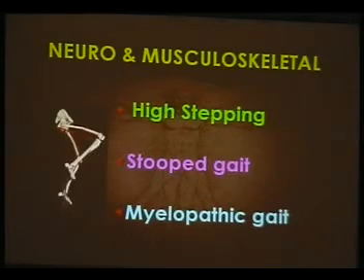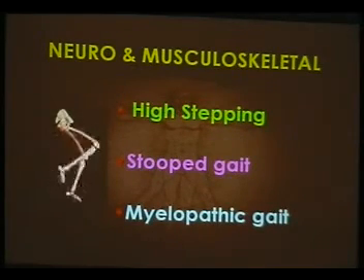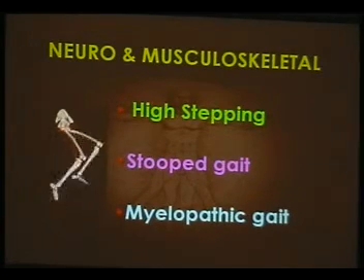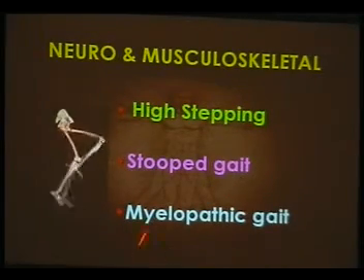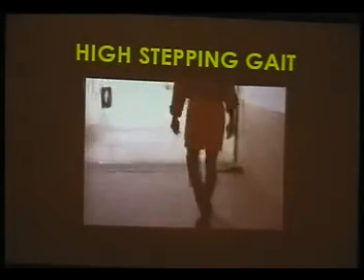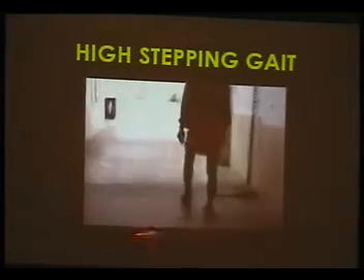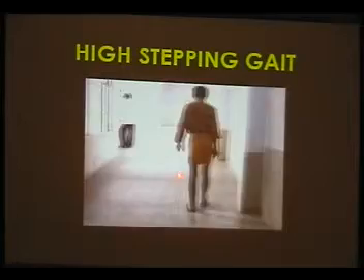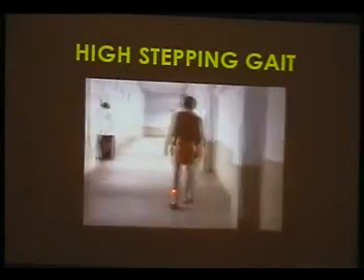Combined neurological and musculoskeletal. Till now I have talked about musculoskeletal. What happens if there is combined neurological and musculoskeletal? There are a few diseases. Only one I will be taking, that is high stepping gait. If you look at it, he is stepping high. That means he is flexing the hip more, flexing the knee more.